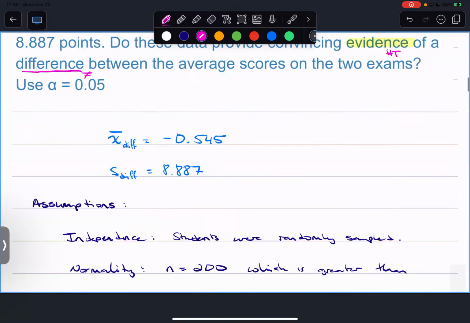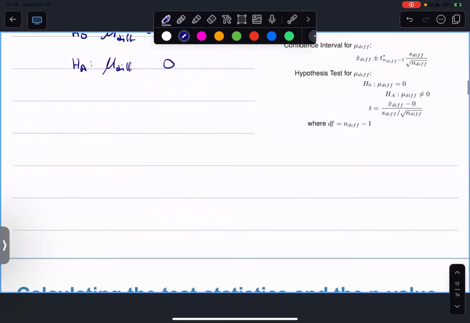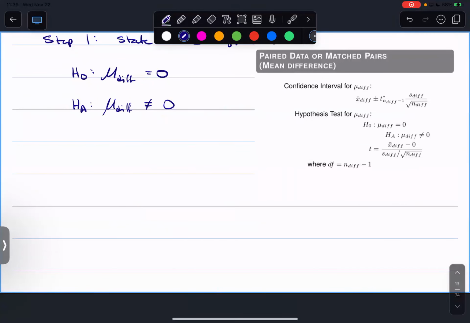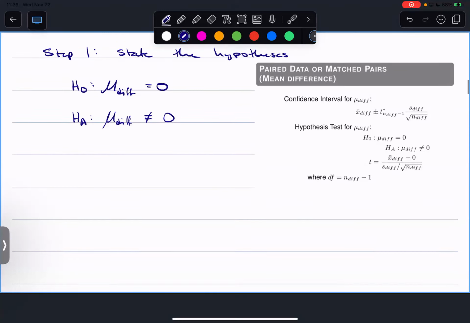I just want to know if there's a difference, if the mean difference is different from 0. Don't worry, it gets worse. Later, we're going to talk about the difference in the means being different from 0. Oy.